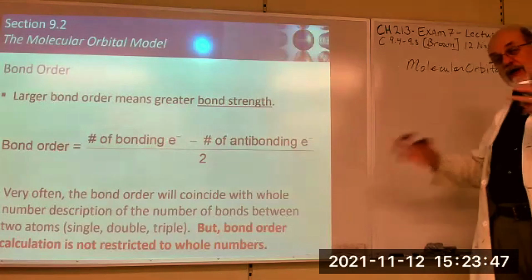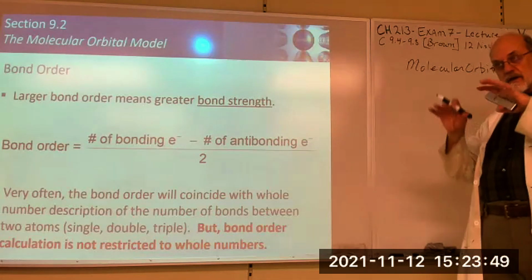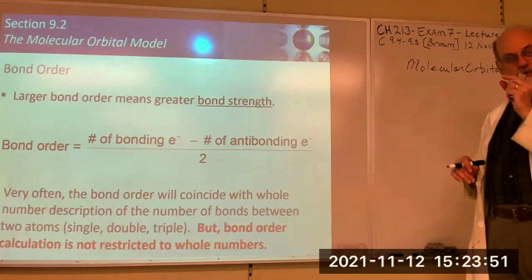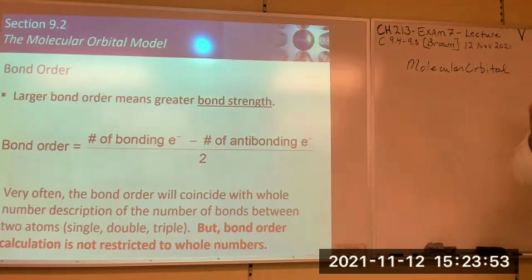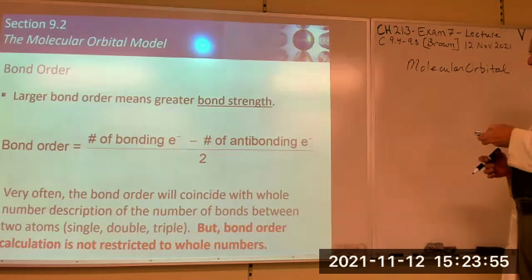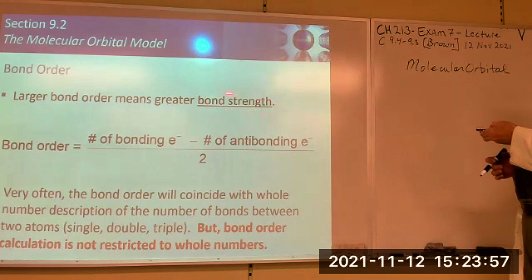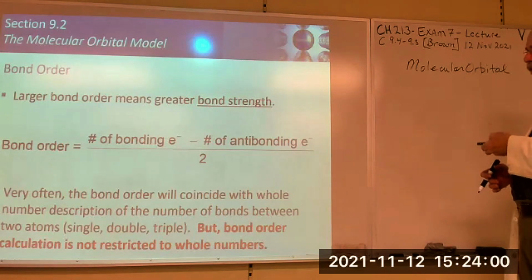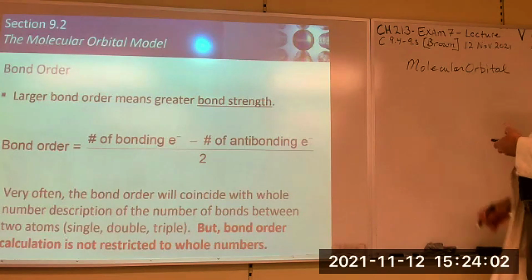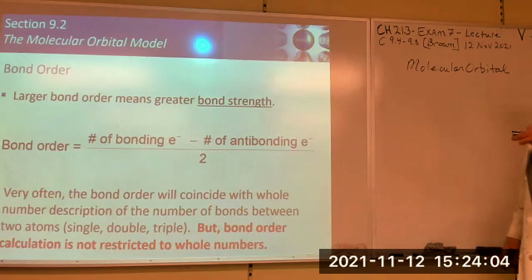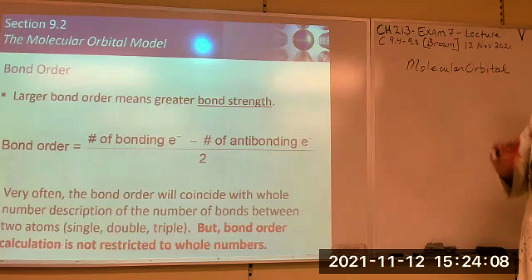And this is for the whole molecule, not just for individual bonds. So this should maybe be in quotes, or called bonding strength, not to imply that this is individual bond strength. This is for the whole molecule. And the bigger the number, the better.